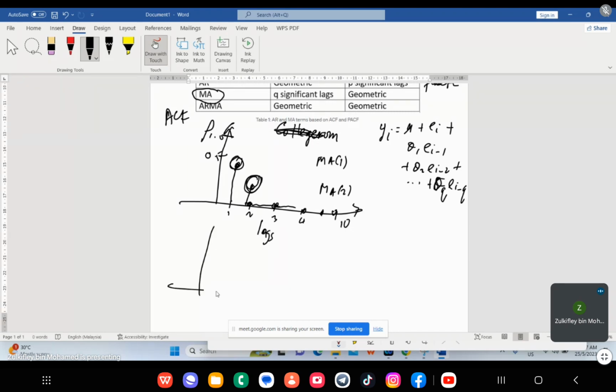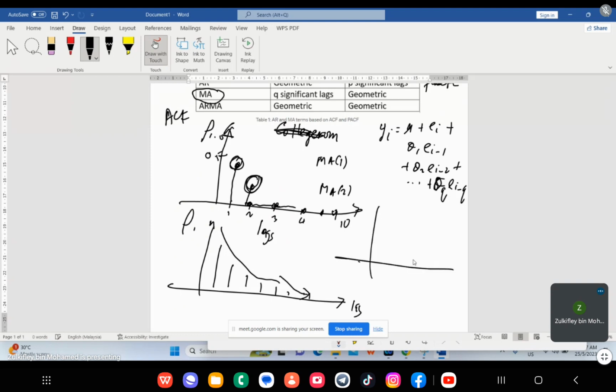Dia akan buat gini. Kita ada lag, kita ada rho. Banyak palang tetapi dia menurun. Dia panggil geometrically decreasing. Dia bentuk geometri, secara menurun secara geometri. Okay. Inilah PACF function.